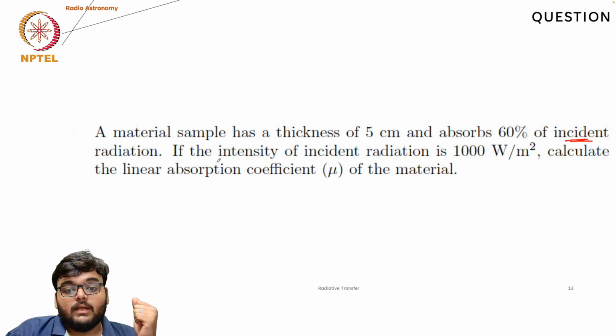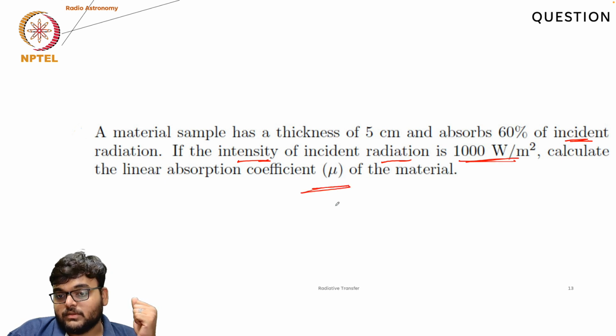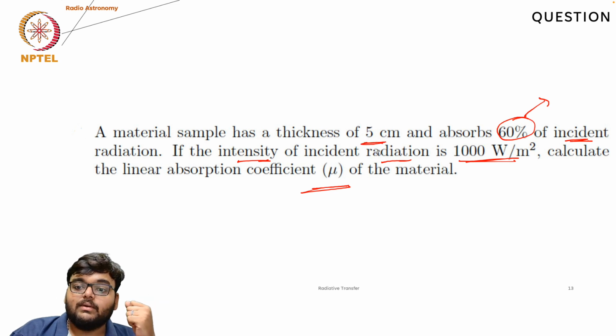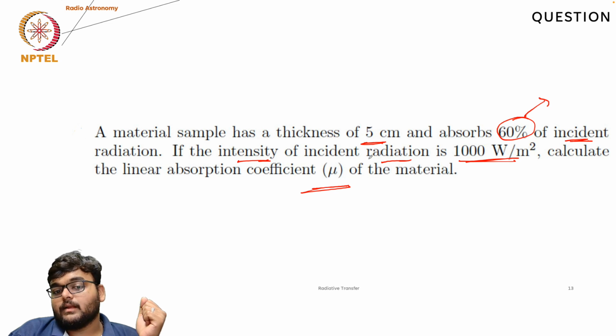Now the intensity of the radiation is given, and you have to find the linear absorption coefficient. The trick is, here you have been given the percentage of radiation absorbed and the thickness, and based on this you have to calculate the absorption coefficient.